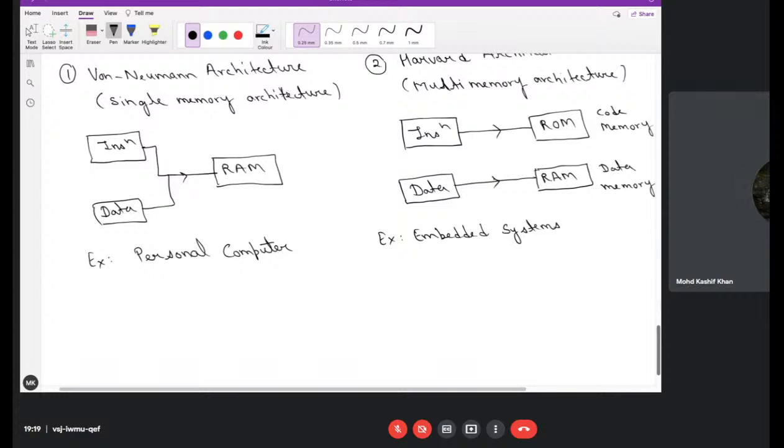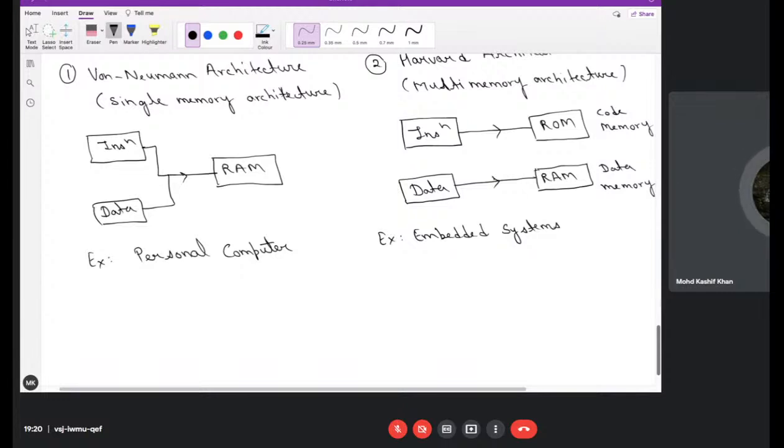Computer organization is an implementation of the von Neumann architecture.